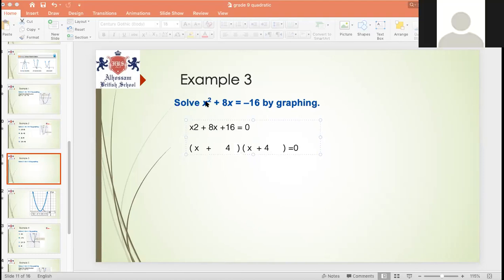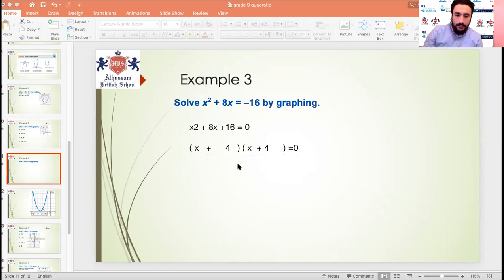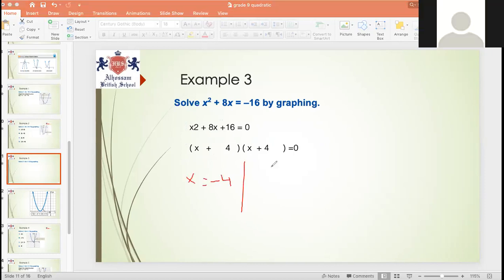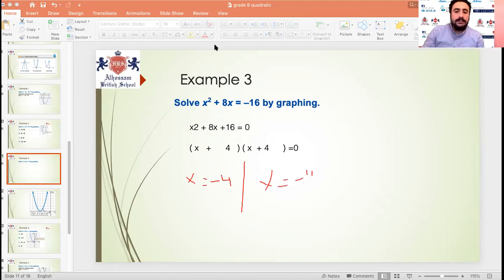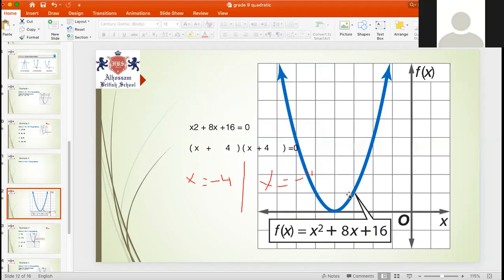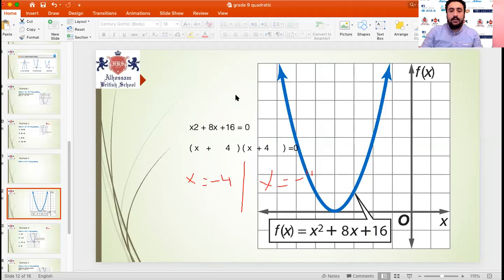So let's solve it. X equals negative 4 and x equals negative 4. So did you notice that there is only one solution here? That's what I'm talking about. This is the graph, it touches the x-axis at one point, so the solution is x equals negative 4.